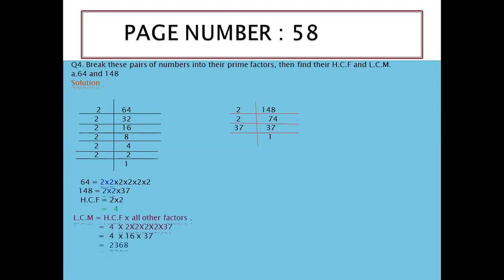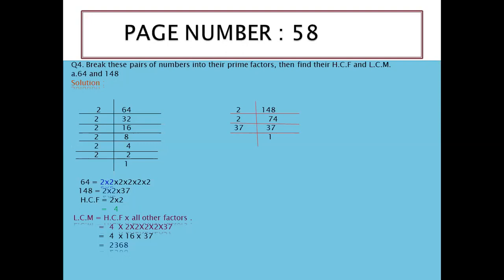Part A is 64 and 148. First, we find the prime factors of 64 by division method and also the factors of 148 by division method. And after finding the factors, we calculate the HCF and then LCM.